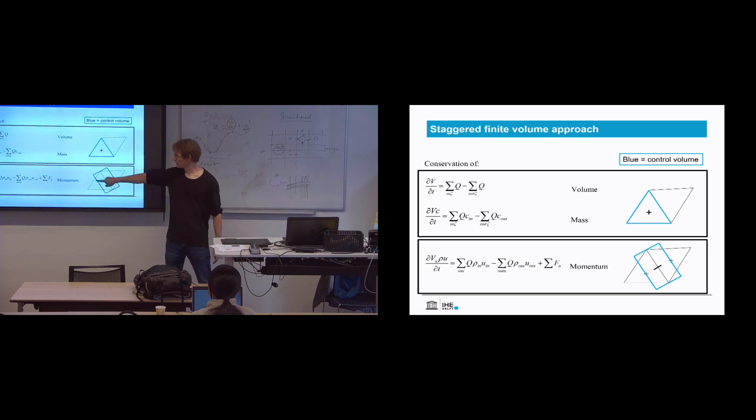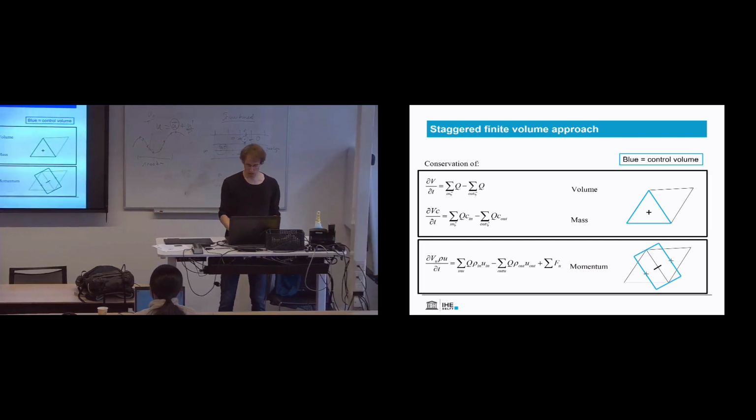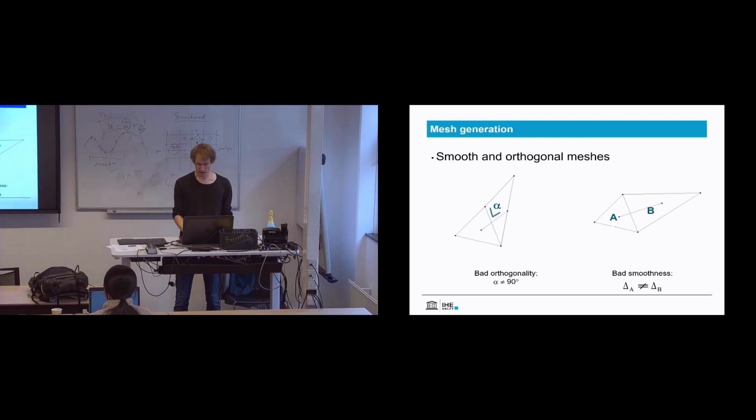But if these areas are the same, then you don't make that error. And then you can just take the average of the two cells.